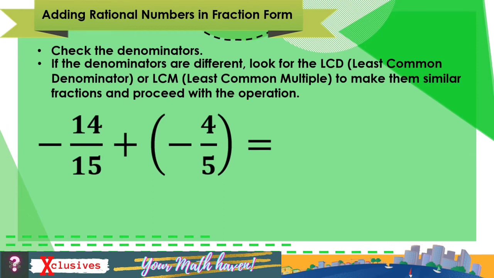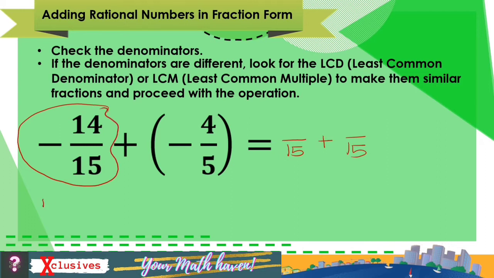Now that we already know what our LCD is, let's make our fractions similar. Let's write down first our denominators. How do we make it similar? By simply following these steps. Let's focus on our first term first.